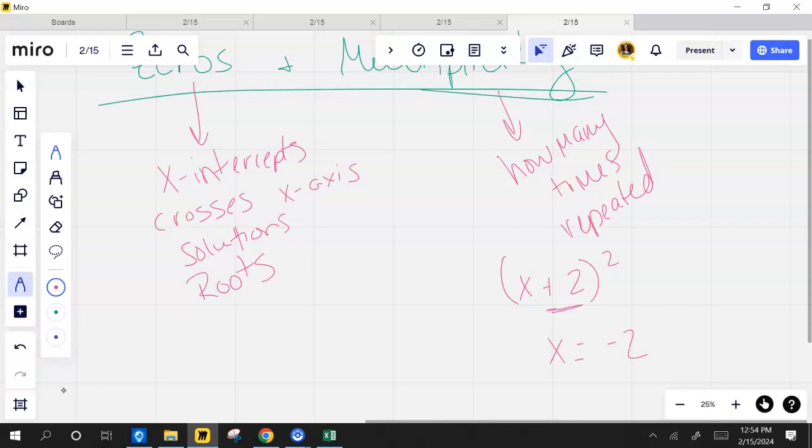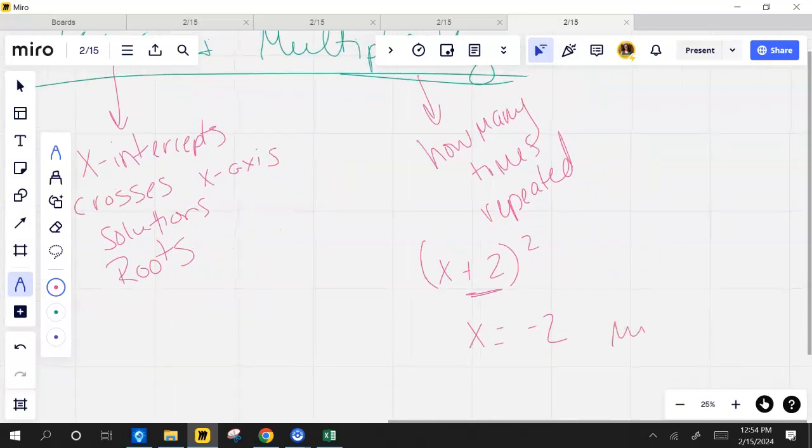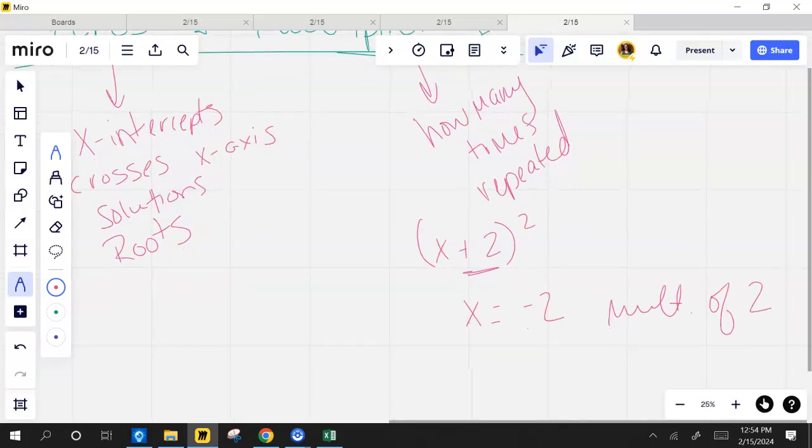That -2 is occurring twice. It has a multiplicity of 2 because it's happening twice. Like if this was y equals this, then the zero would be x equals -2, but it happens twice.